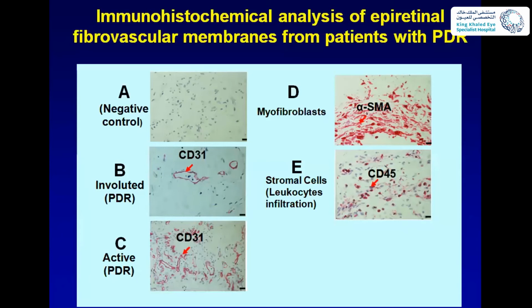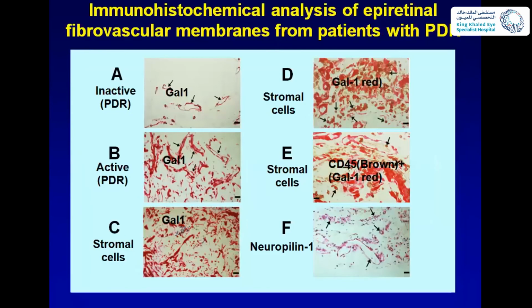I have already described this is a neovascularization, and this is activation of myofibroblasts in the PDR patient, and leukocyte infiltration is also there because it is a marker of CD45. So now the interesting point, when we talk about the inactive PDR, involuted PDR, talking about the fibrous tissues only, less endothelial cells.